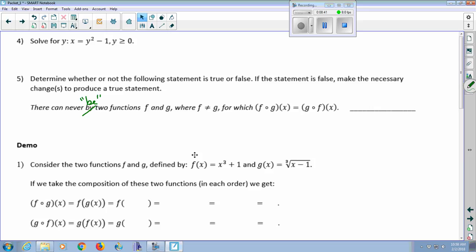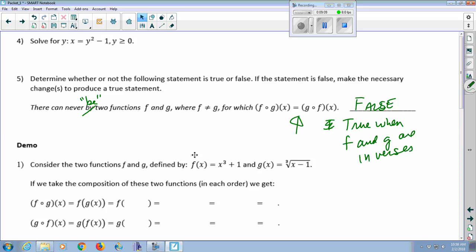And someone says it's not true, and that's the correct answer, because the one situation where this is true is when f and g are inverses of each other. If f and g are inverses of each other, you come right back to where you started. So this is false, and you can say true when f and g are inverses of each other.